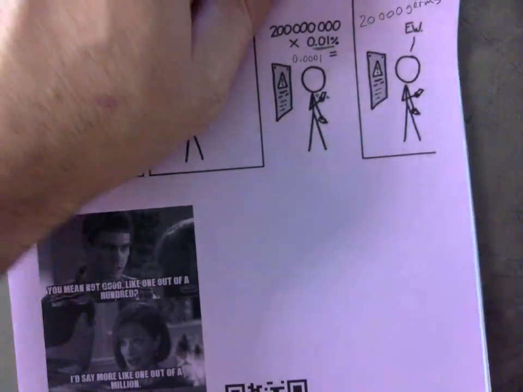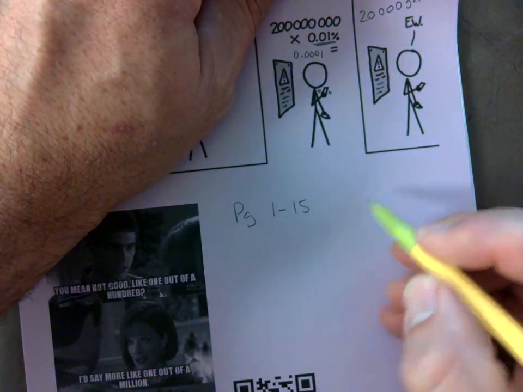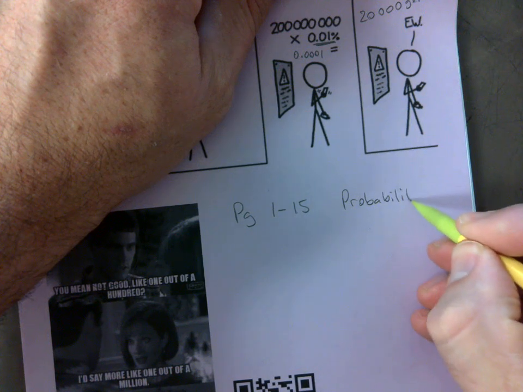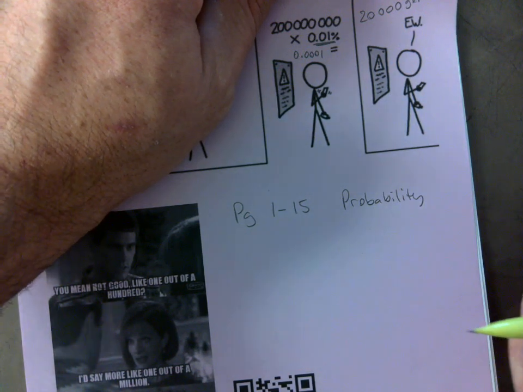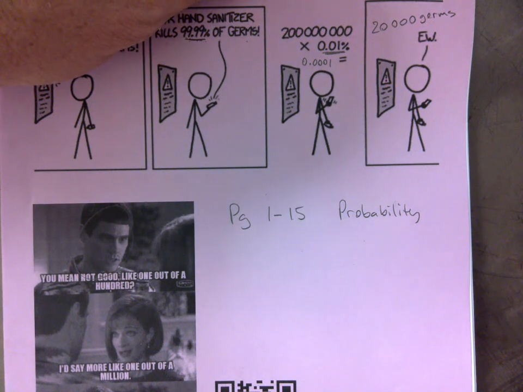So I'm going to go to the front. Let's do that. I'm going to go to the front and just say pages 1 to 15 is probability. And then we're going to fill this in. Then later on it's going to be odds, right? And so different topics. That way when you look at it, you know where to go and find.